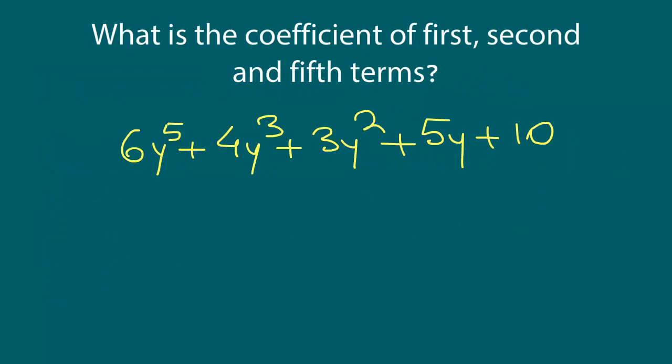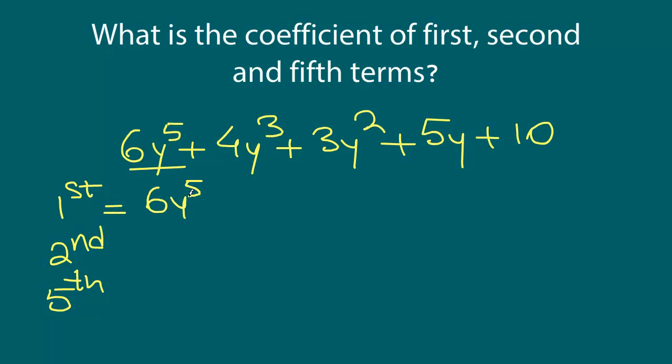Let's take a look at some more examples. What are the coefficients of the first, second, and fifth terms? Let's first find out what these terms are. Clearly, the first term is 6y to the power 5.